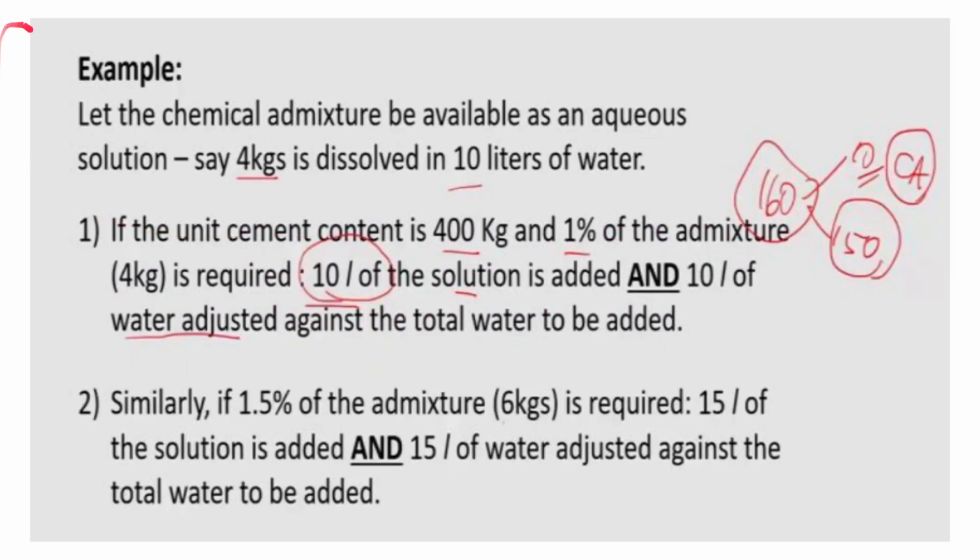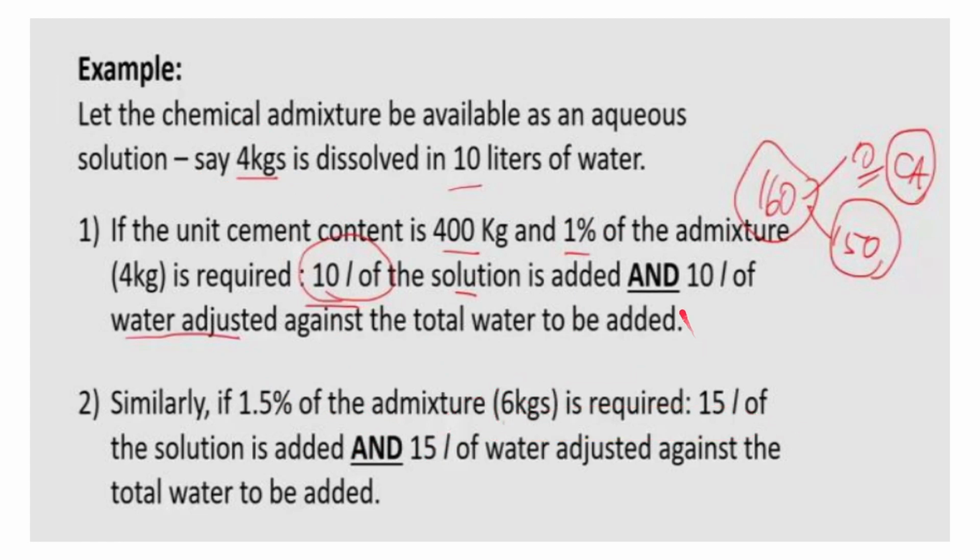The chemical admixture can be available as an aqueous solution. For example, if we want to dissolve 4 kg, which is 1%, in 10 liters, or if we want 1.5%, that is 6 kg, in 15 liters.